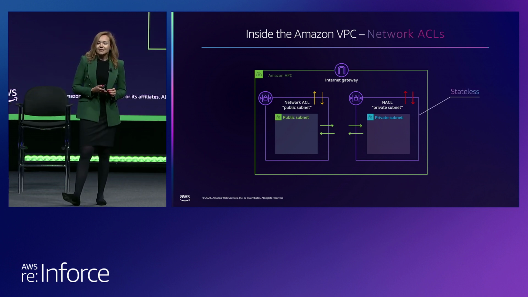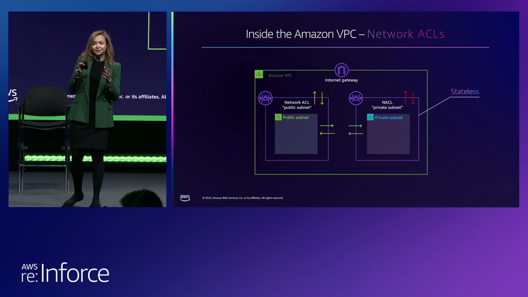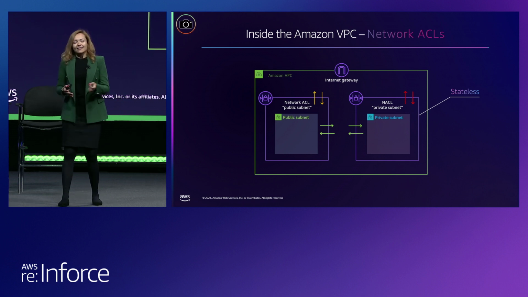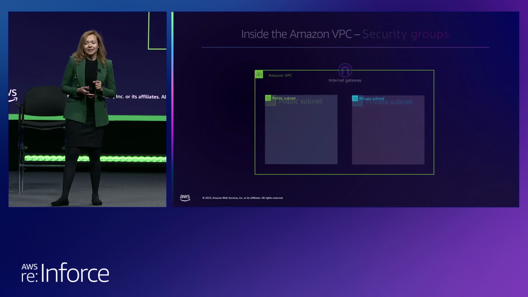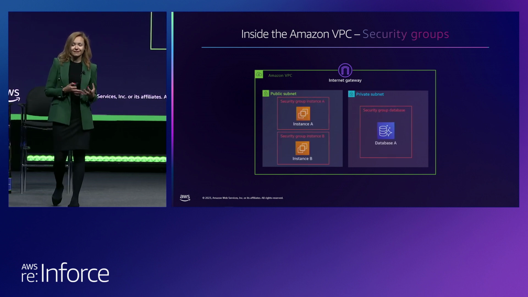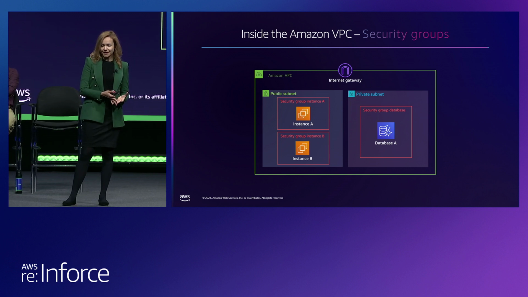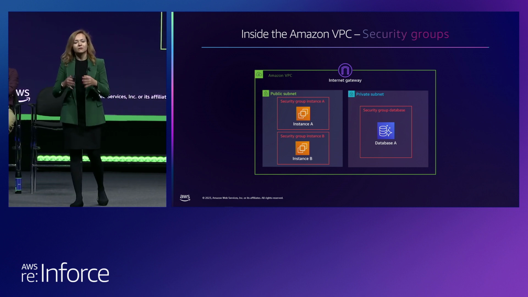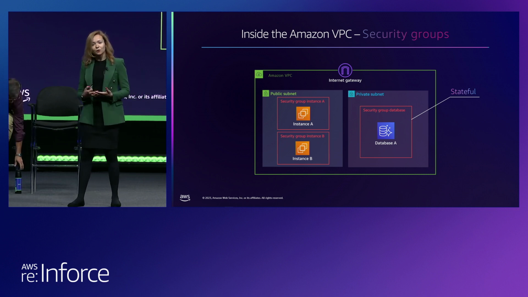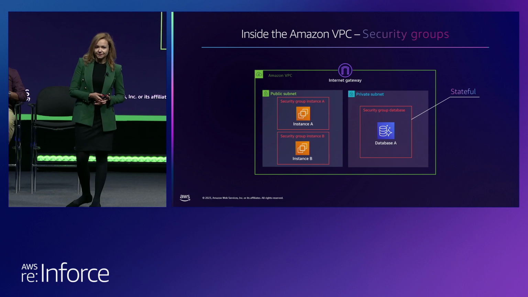Network access control lists are stateless, and they're your network level subnet controls for access. The second security control that you have inside the VPC is the resource level security through security groups, right? These security groups are your resource-bound firewalls. They are stateful, and you can control access to your resources using security groups.